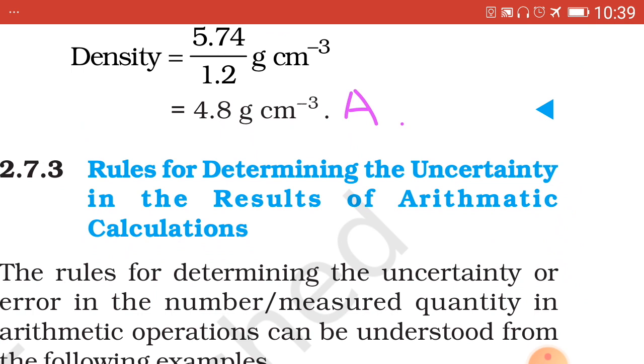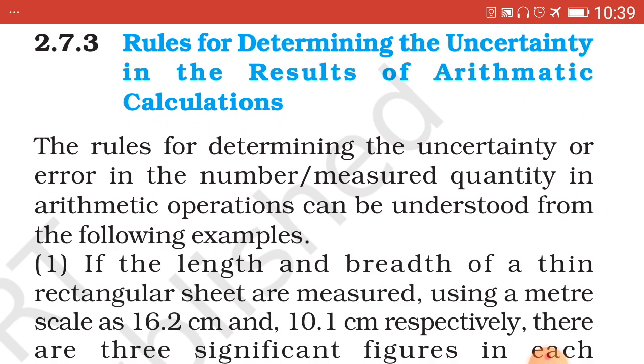Now the last rule. Rules for determining the uncertainty in the results of arithmetic calculations. We see one by one.